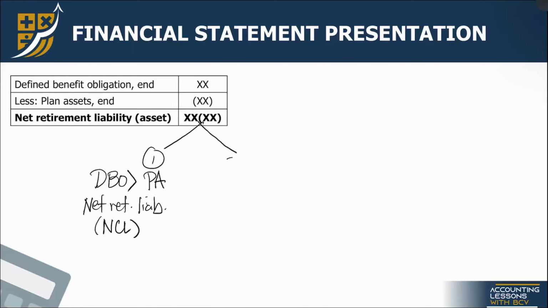Case number 2 naman, the DBO is less than the plan assets. So for the second case, mas malaki naman yung asset. Therefore, the result is net retirement asset, which will be presented under non-current assets. Okay? Non-current asset account siya.